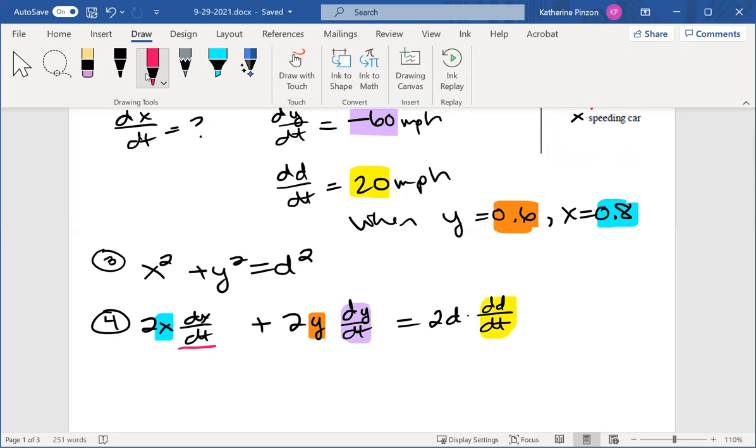I know that x is 0.8 and y is 0.6. If I know that, then I could use that to find out what D is going to be. So I'm going to take a detour for a second and say D squared is 0.8 squared plus 0.6 squared. D is, someone get your calculator. 1, is that what you said?